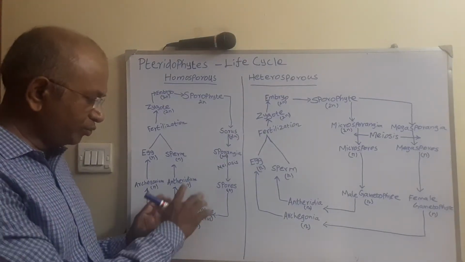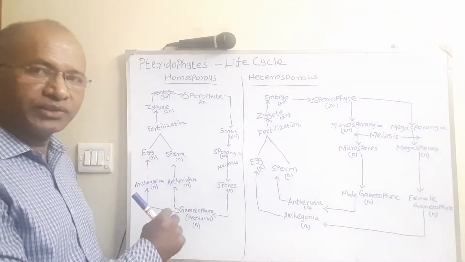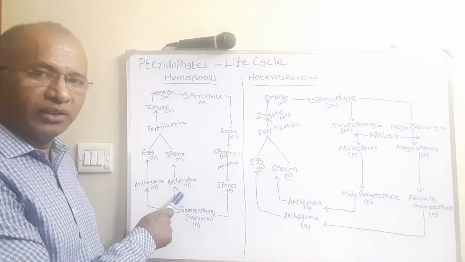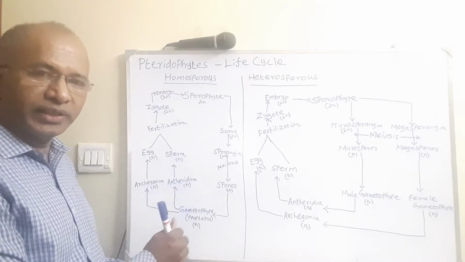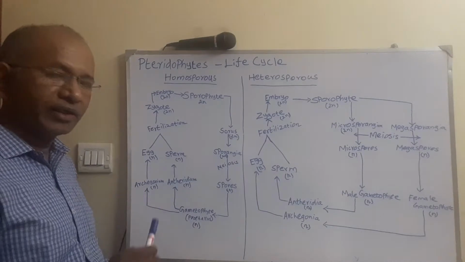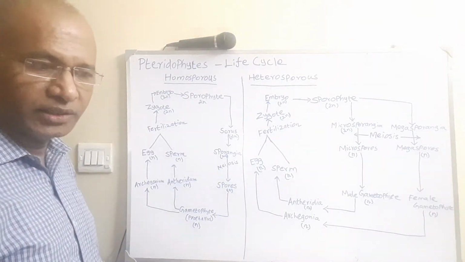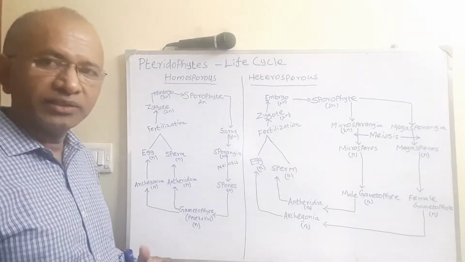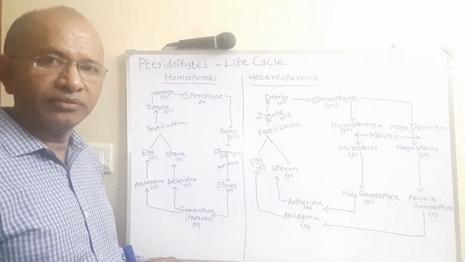So from this gametophyte, at some places you can see the presence of the male reproductive structure called the antheridium, and within the same gametophyte, in some other places we can see the presence of the archegonium, the female reproductive structure.